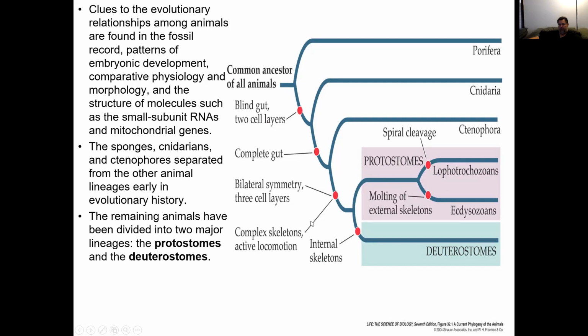And then you start to see, so here it says a complex skeleton, active locomotion. That's where you're starting to see that in these animals. And then you see internal skeletons for animals that are deuterostomes. Remember, insects have an exoskeleton, and the other animals we'll talk about, but we actually have a skeleton that's inside our muscles.